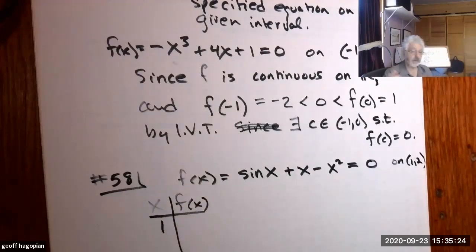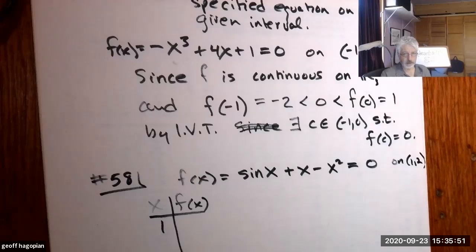Well, sine of 1. 1 is pretty close to pi over 3, right? Pi is pretty close to 3, 3.14. So sine of pi over 3 is pretty close to sine of 1. And sine of pi over 3 is exactly square root of 3 over 2, which is approximately 0.866.